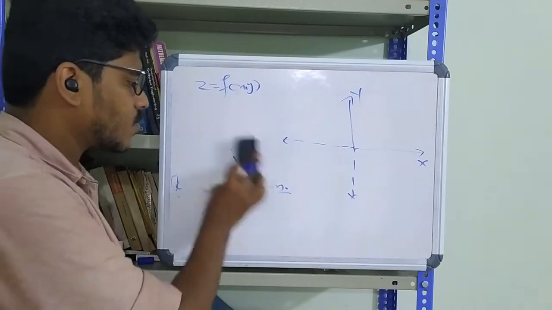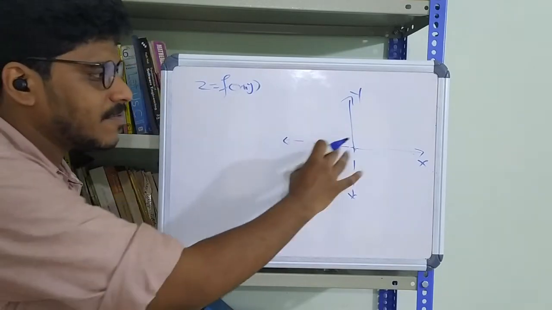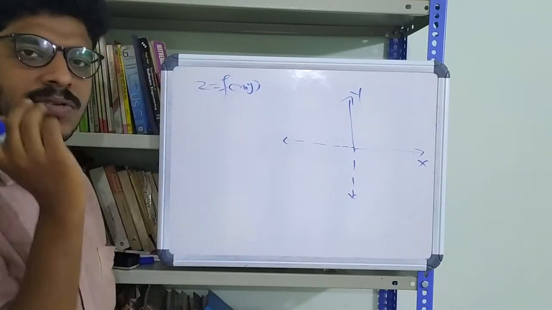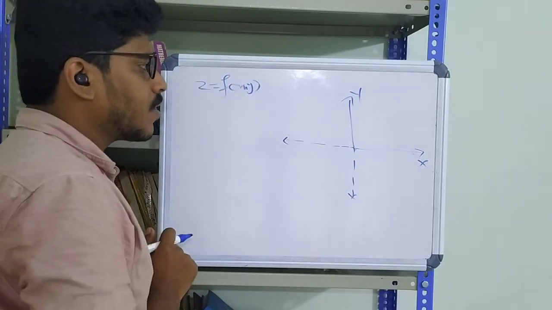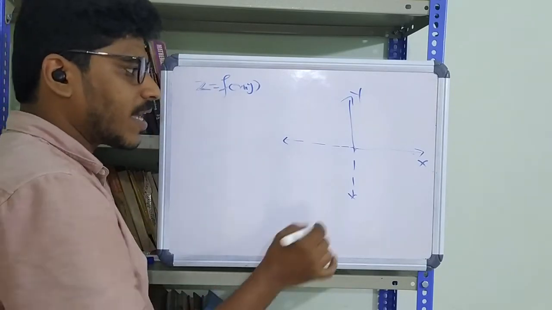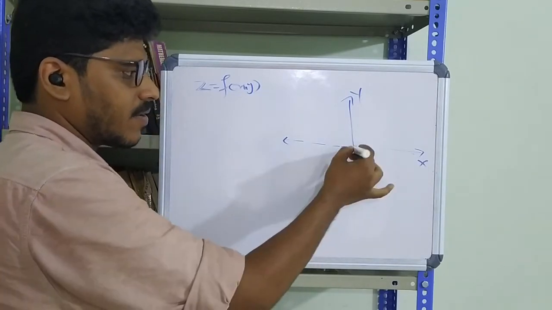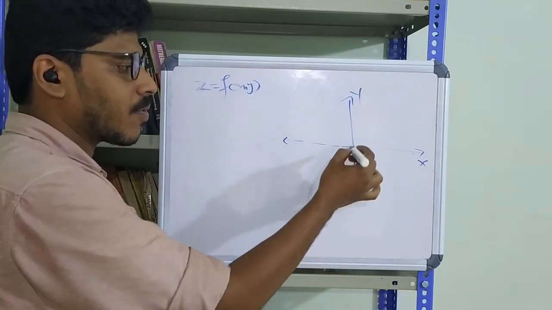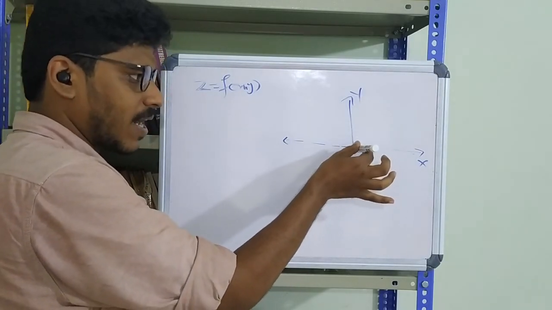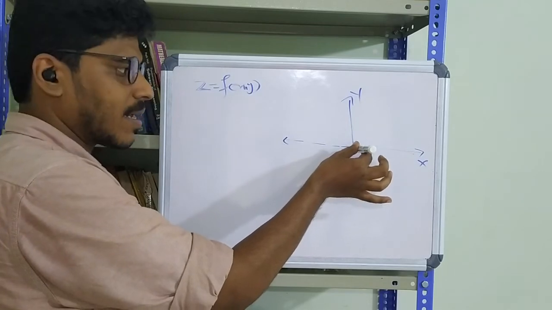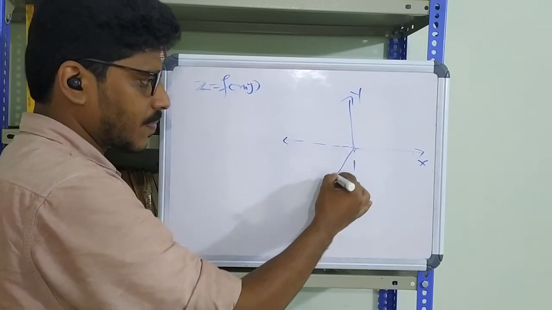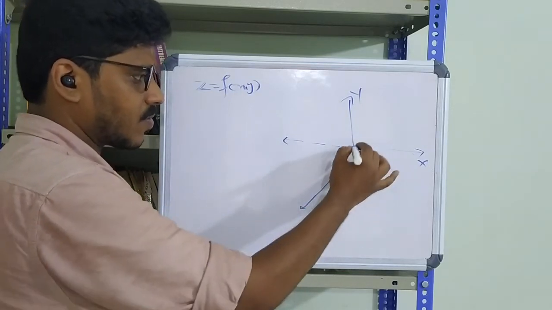So we need a plane itself to designate the domain, the pairs (x, y) of the function z equal to f of x, y. So where can this z be marked out? We introduce a new axis. I have a limitation drawing it on the board. Suppose that axis comes out of the plane of the board, and goes inside. For the sake of completeness, I just draw it down.